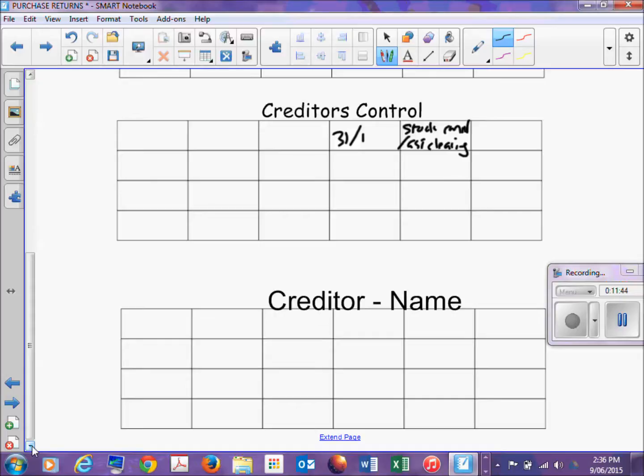So, how much from buying that stock would go to creditors control? If the stock I bought was 5,000, the GST was 500. 5,500.